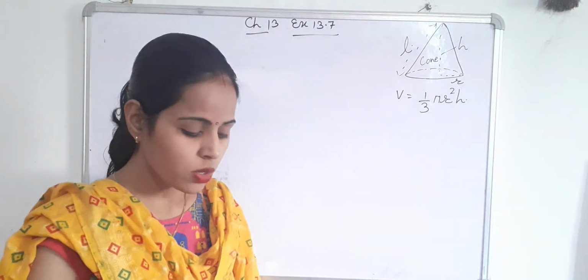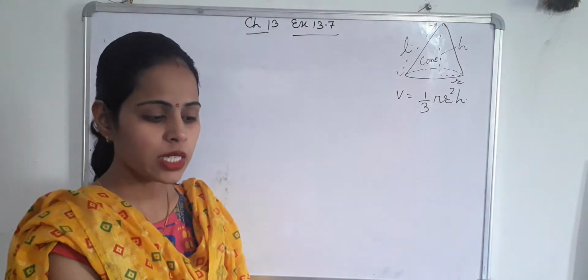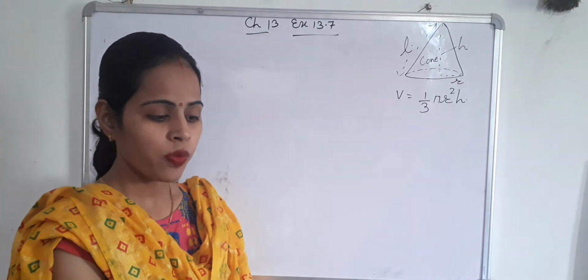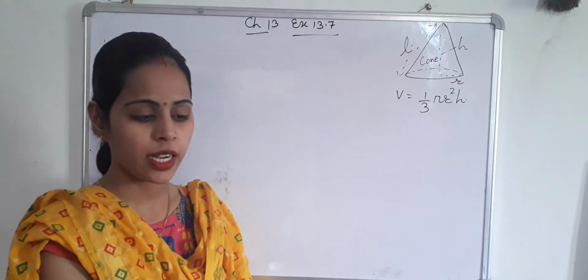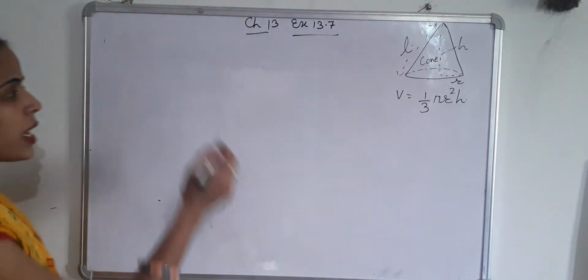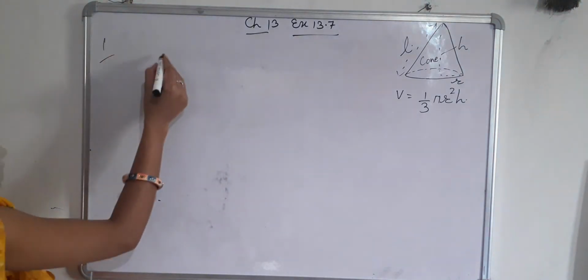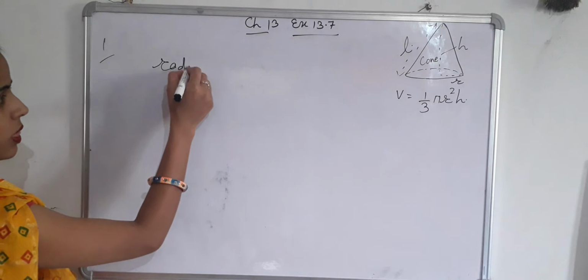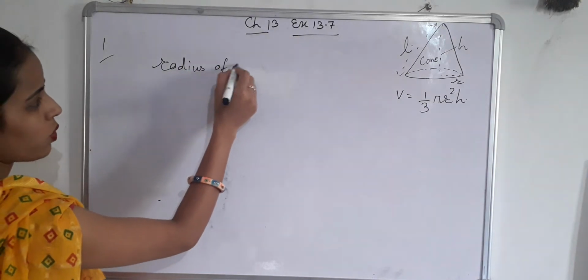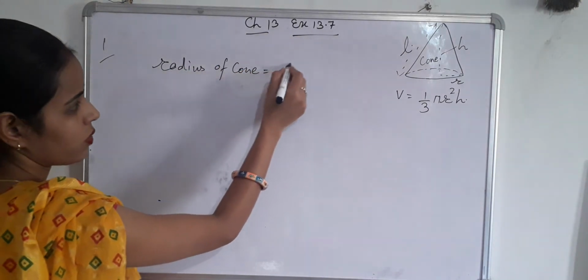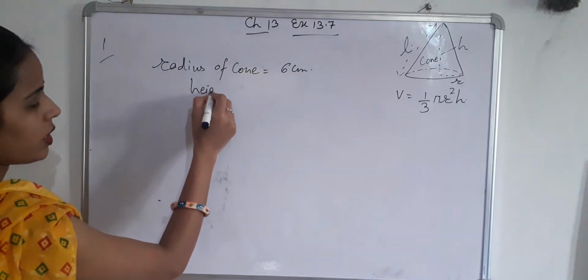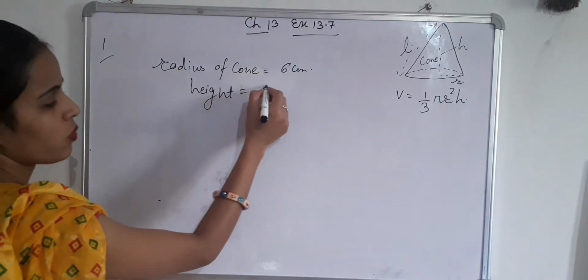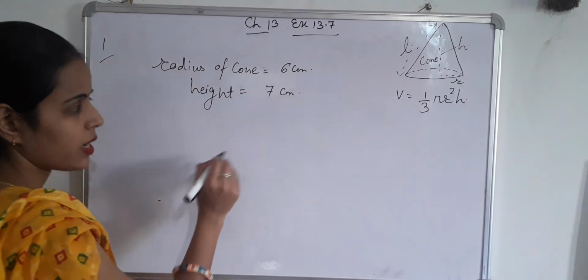Question number first of exercise 13.7 is: find the volume of a right circular cone with radius 6 cm and height 7 cm. Radius of a cone equals 6 centimeter and its height equals 7 centimeter.